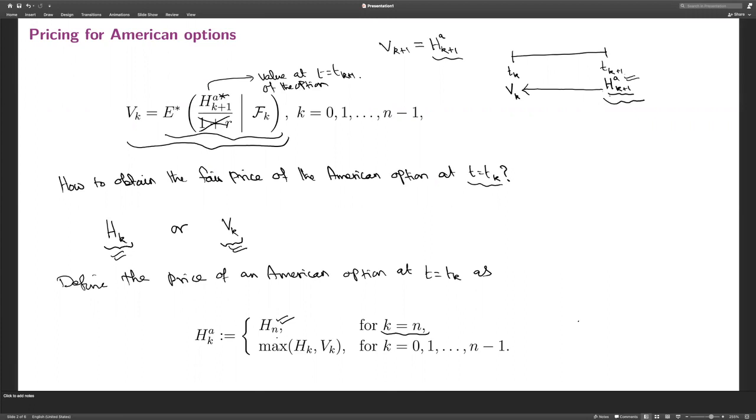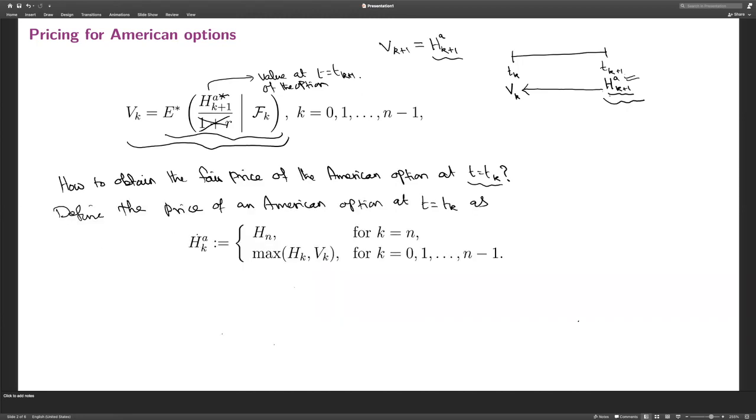On the other hand, at any intermediate time level, t equal to 0 to n minus 1, remember, you can also in fact include the time t equal to 0. Here, the price that has to be charged from the holder by the writer should be the maximum of the payoff and the value.